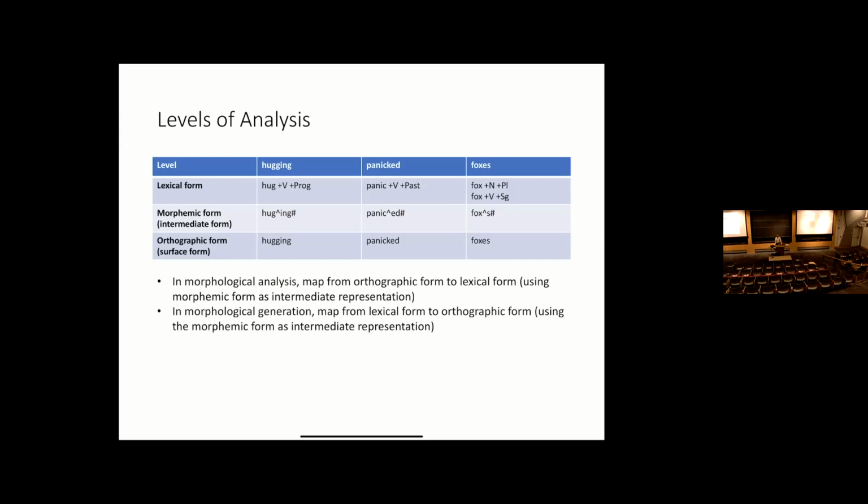Let's move to the subject of finite state morphology by way of an introduction to different levels of analysis that you can have of the morphology of a word.